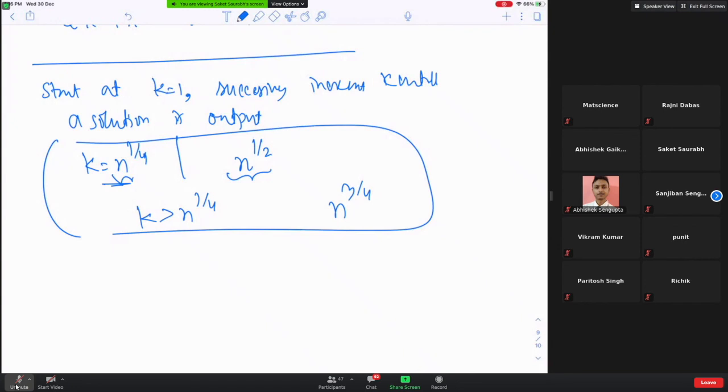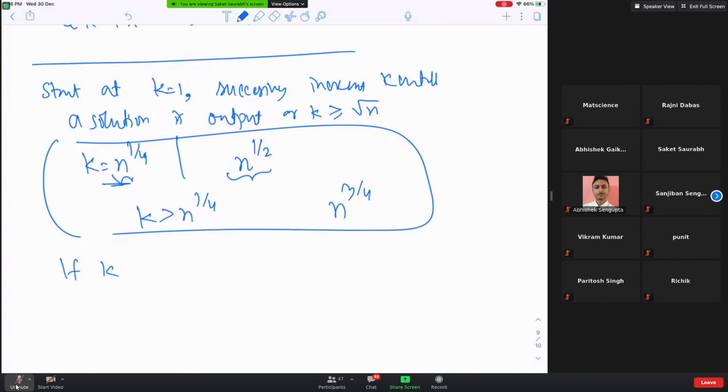What you do is start at K equal to 1 and successively increment K until a solution is output or K is at least, say, square root n. If you have already output a solution up until now, you are happy.